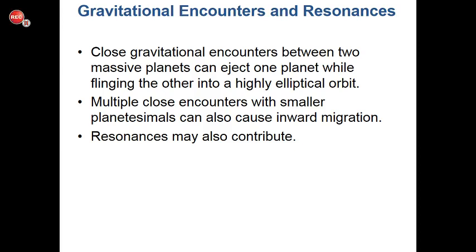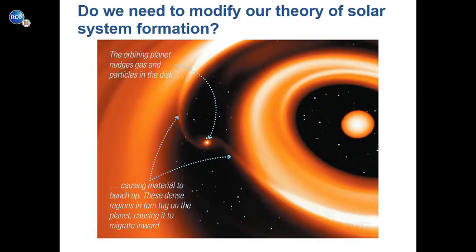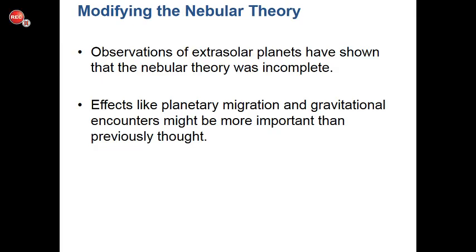You can have one planet flung off and another planet in a highly elliptical orbit, or lots of small pushes from other small planetesimals. And maybe there are multiple planets and resonances form the structure of the orbits. So there are ways that planets can move around from their initial orbits while they're forming. That makes us think that maybe we are only explaining our solar system, and we're not explaining the formation of planets everywhere.